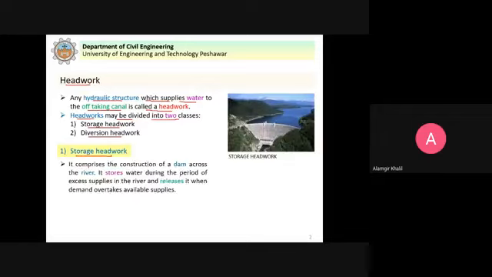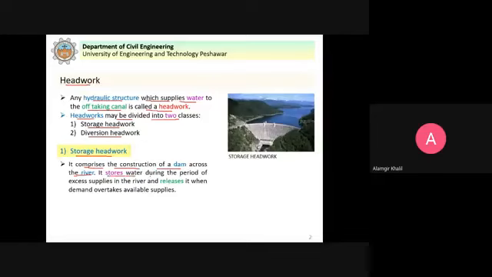Now headworks may be divided into two classes. We have storage headwork and we have diversion headwork. So what we mean by storage headwork, it comprises the construction of a dam across the river.